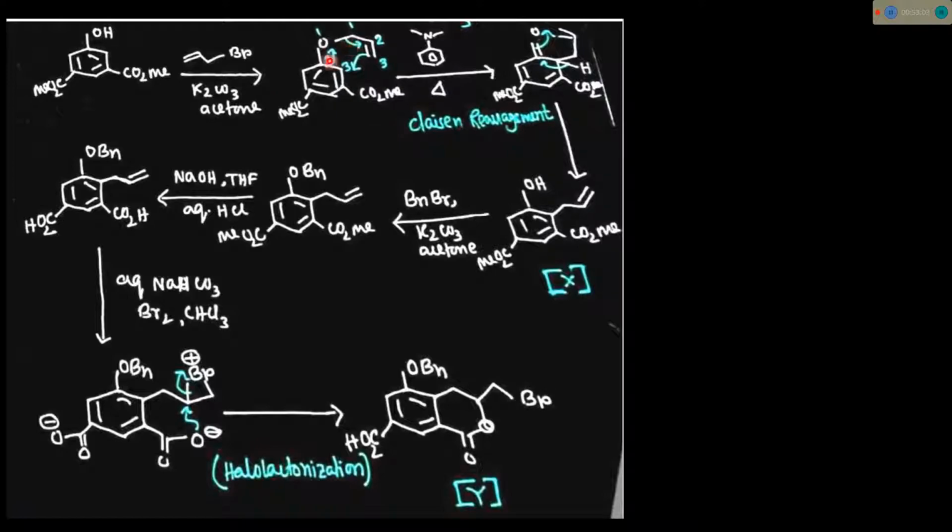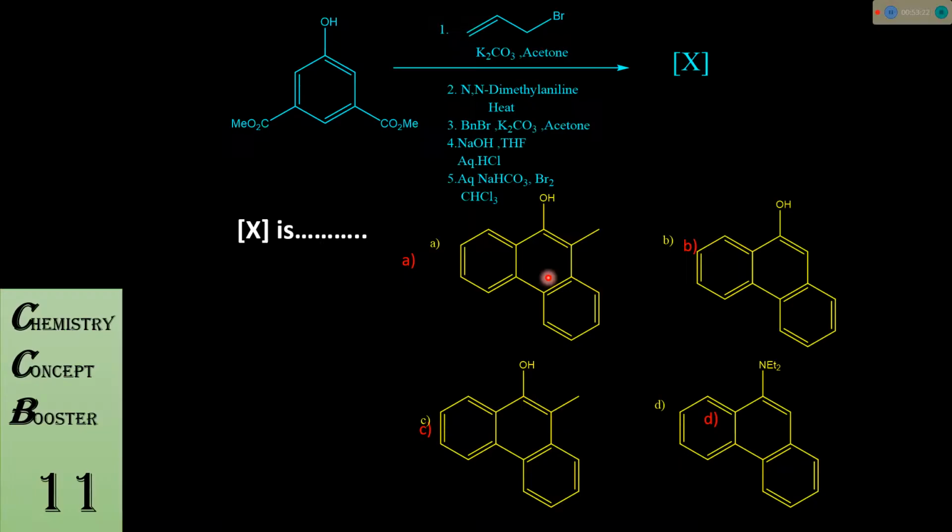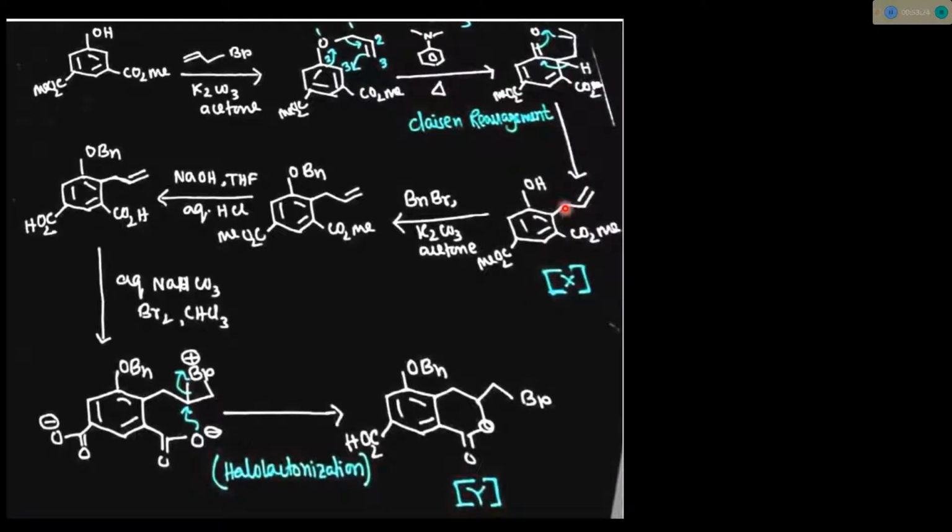So the Claisen rearrangement will occur in this second step, and we will get this product X.